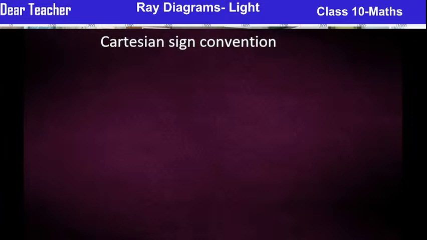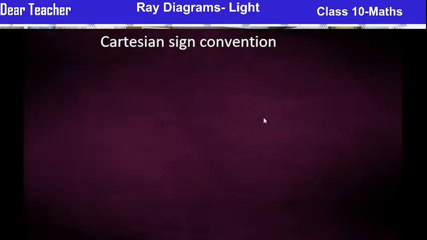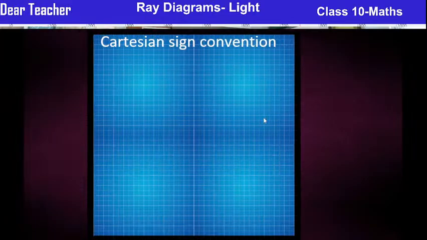So sign conventions, Cartesian sign conventions, are also very important: how these signs are to be put. It is given by Descartes. It is a Cartesian plane, which we also use on graph sheets in maths. It is known as a Cartesian plane because Descartes invented it.